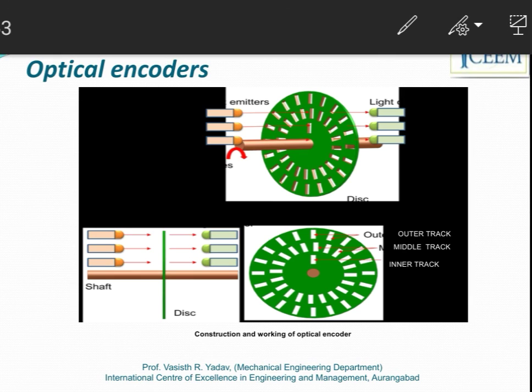Light is passed through these holes, and that light is sensed by light sensors, and these light sensors will generate pulses, and these pulses will be in digital form. So actually, by using an encoder, we stick these encoders to the shafts whose angular displacement we have to measure, and finally we generate electrical pulses.